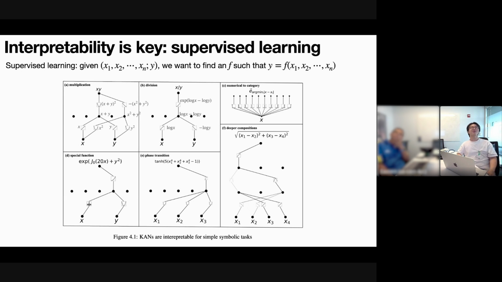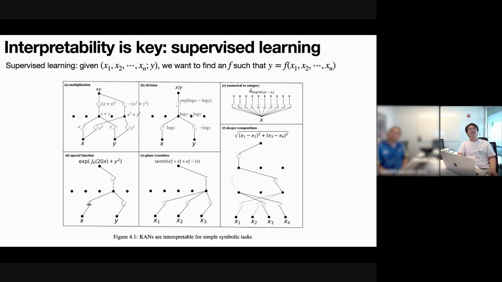So basically, the way you get xy is by using this equality: (x plus y) squared minus (x squared plus y squared) equals 2xy. So that's how it computes the multiplication.